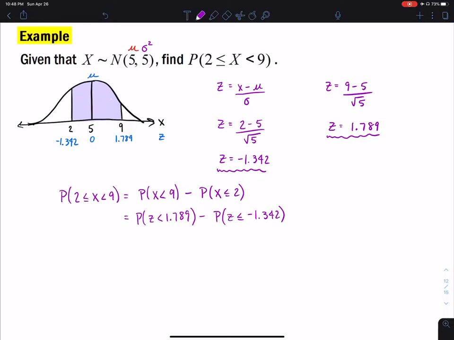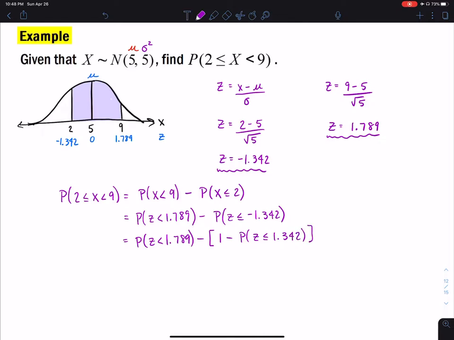Anytime we get a negative z-score, we have to change it to a positive. So I rewrite this, using the complement of the positive z-score: 1 minus the probability z is less than or equal to 1.342.